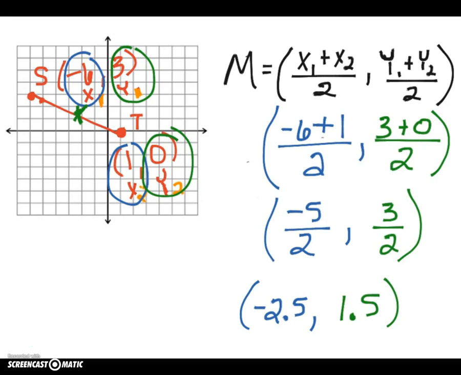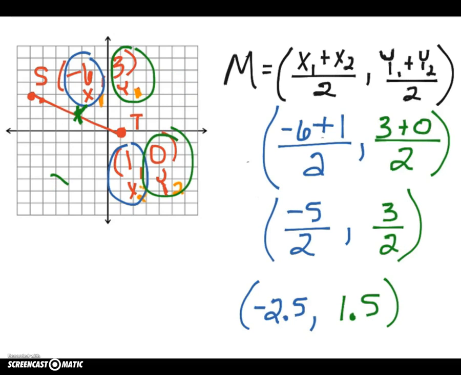Now, it's always a good idea to graph it because you can see here, it looks like both of these are pretty well cut exactly in half. If you had gotten some number where your point had been over here, or up here, you would know that you made a mistake, probably with a sign, and that you would need to go back and double check those.